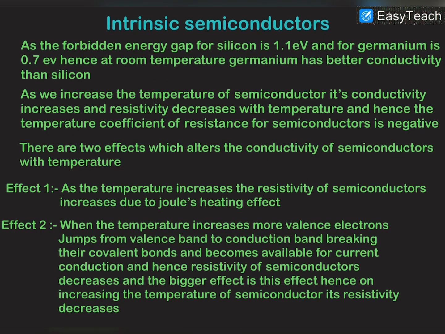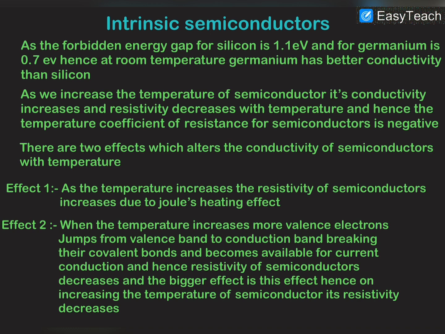Now, the forbidden energy gap of silicon is 1.1 eV, and for germanium it is 0.7 eV. Hence, we can say that it is easier in germanium for electrons to jump from the valence band to the conduction band, and hence in germanium more electrons are free and there are more holes in the valence band.